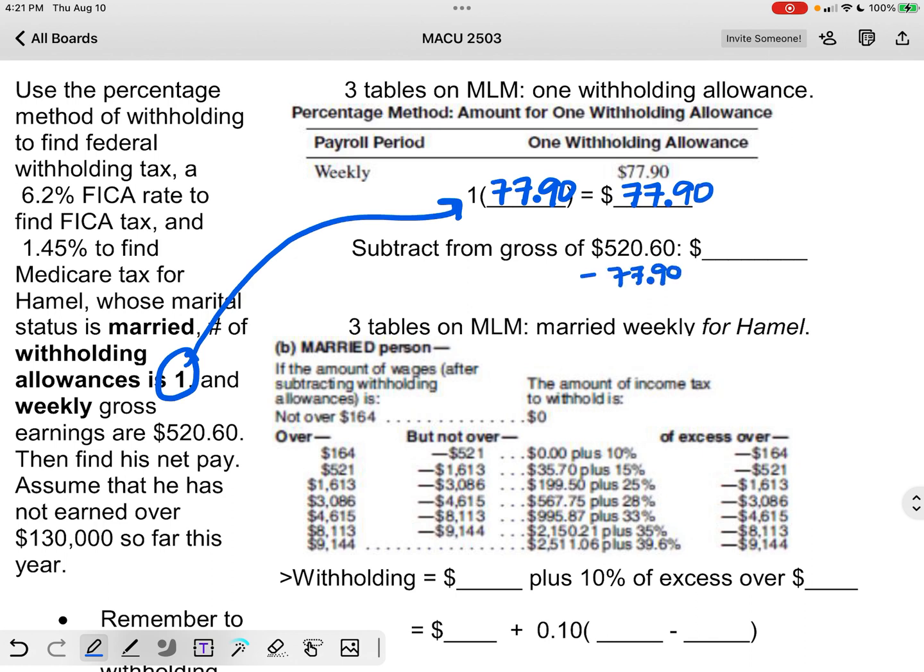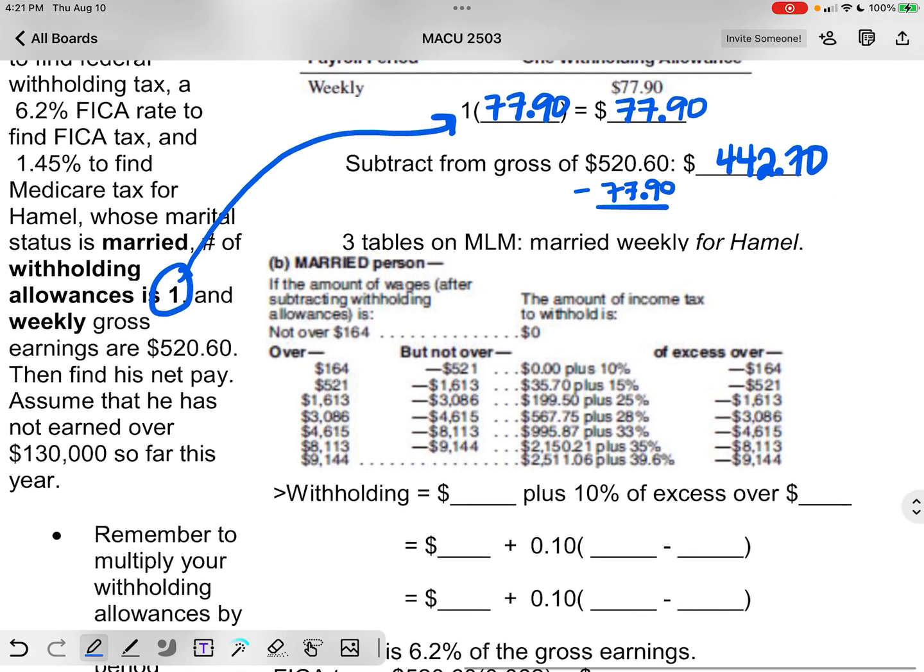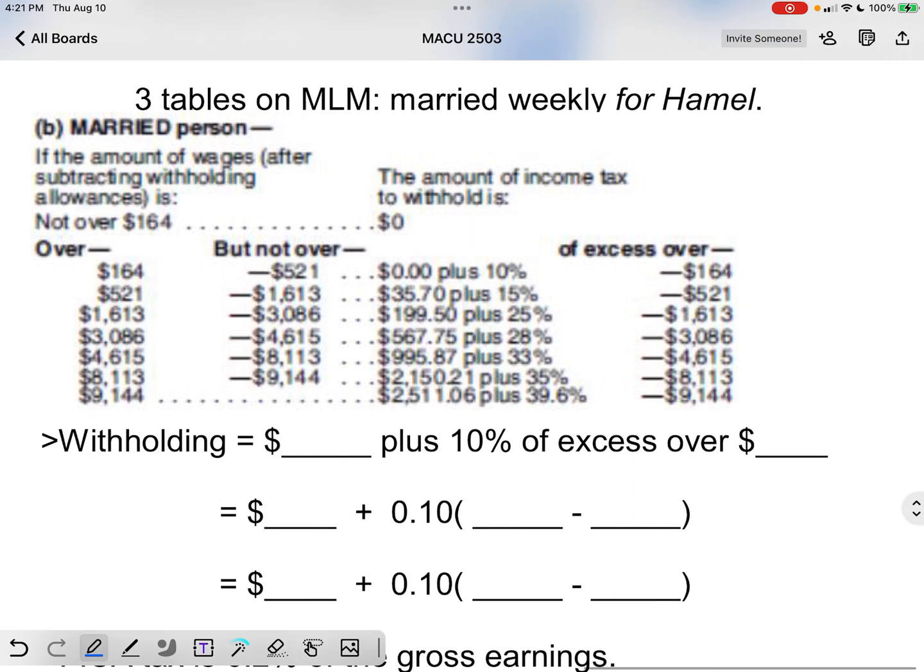Subtracting that from gross, if we subtract that $77.90, you're going to be at $442.70. Now, looking at married weekly, no longer at our allowances, of the 4 tables we want the one that's married with weekly paychecks.